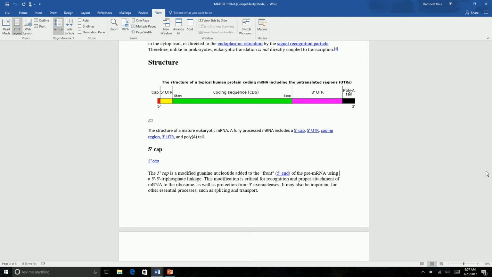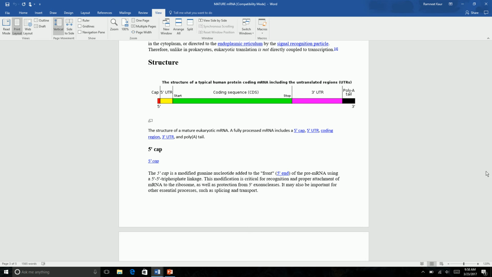First of all, the primary transcript is formed. That is not ready yet. It needs to be processed, and in that processing, introns are removed and all the exons are joined together, or spliced together, and this process is called splicing.